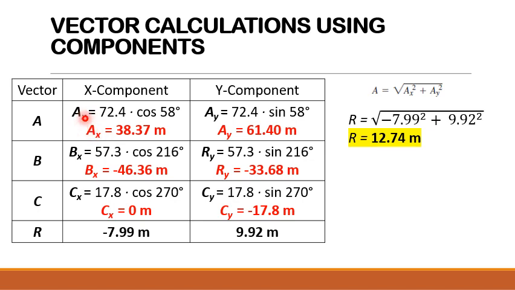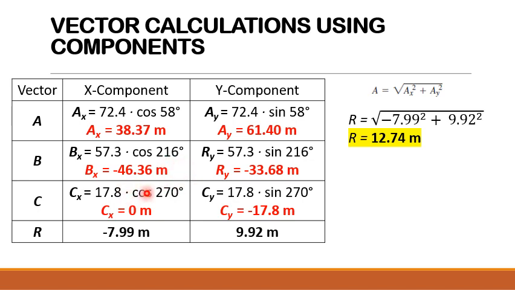So the x component of vector A is 72.4 multiplied by cosine of 58. The answer is 38.37 meters. For the y component, 72.4 multiplied by the sine of 58, the answer is 61.40 meters. And then for B sub x, 57.3 times cosine of 216.